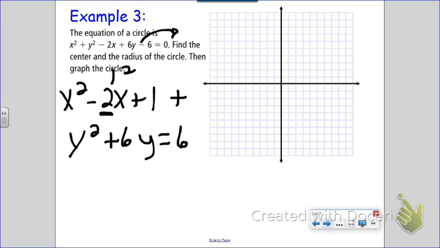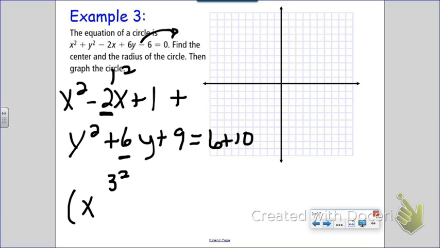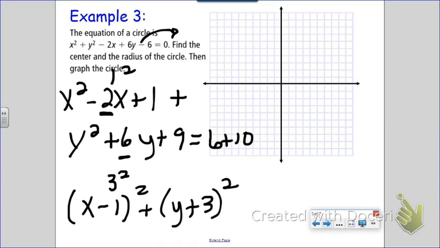And then we'll do the same with the y's. Half of 6 is 3. 3 squared is 9. What I add to the left, I have to add to the right. So it's going to be 6 plus the 1 plus 9 is 10, so 16. So it's whatever half of the 2 was, and then whatever half of 6 was. We're really just making what's called a perfect square.